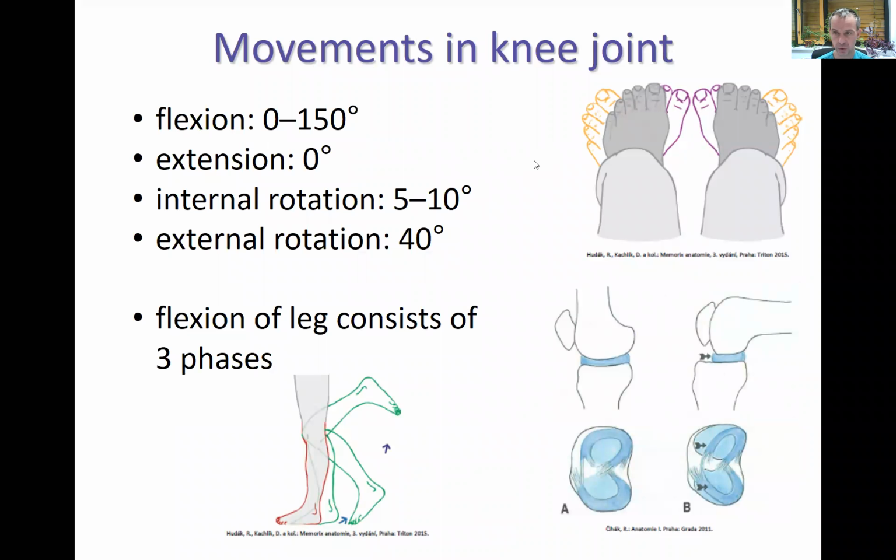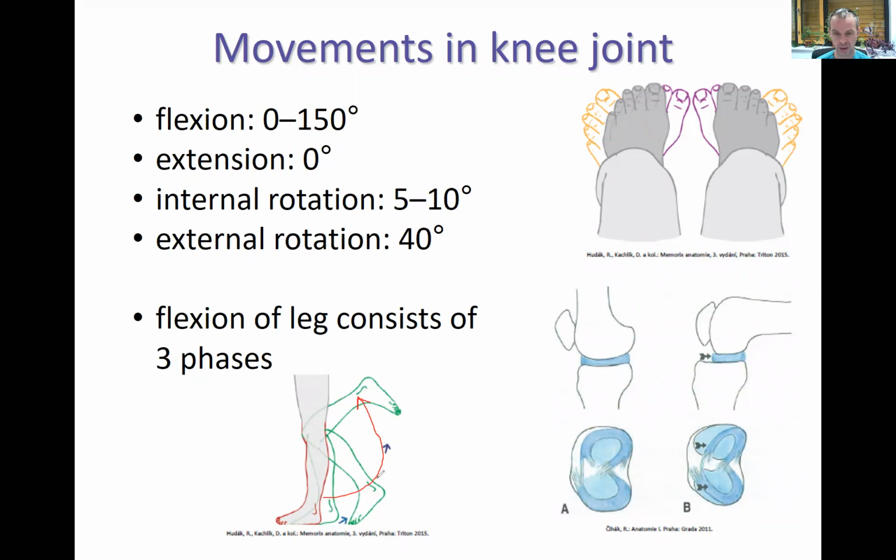So the movements of the joint: as it is a compound bicondylar joint, it is a biaxial joint. So what we are able to perform is flexion and extension. The anatomical basic position is full extension. So from the basic position, we are able to perform only flexion, up to 150 degrees.